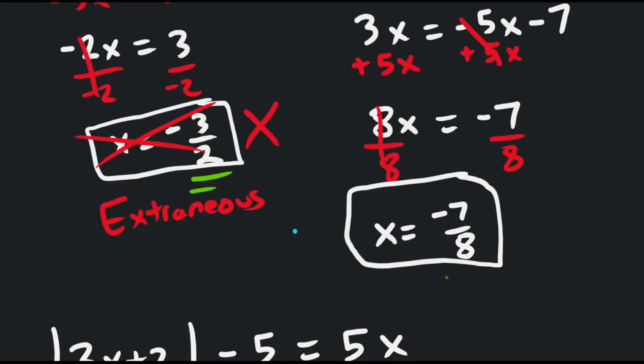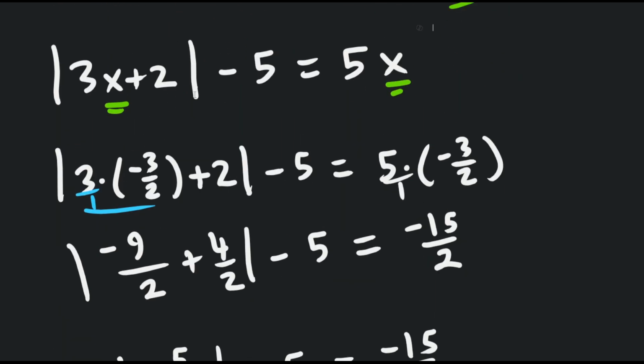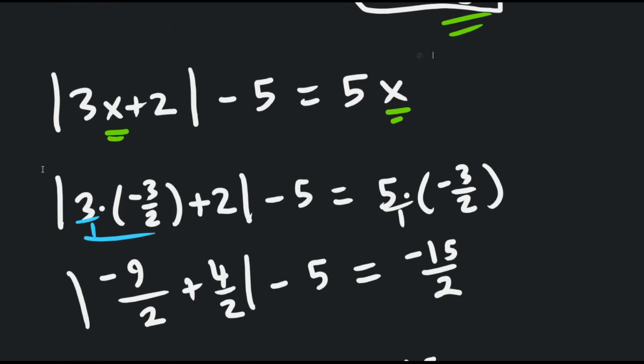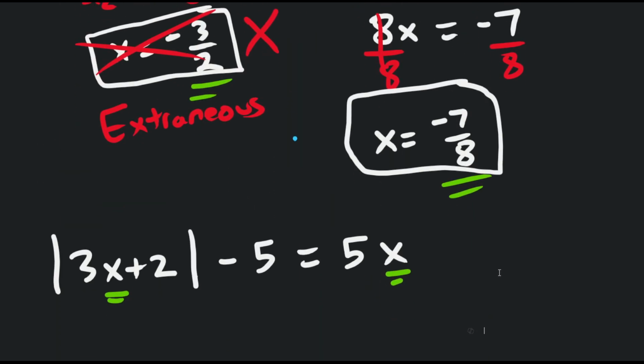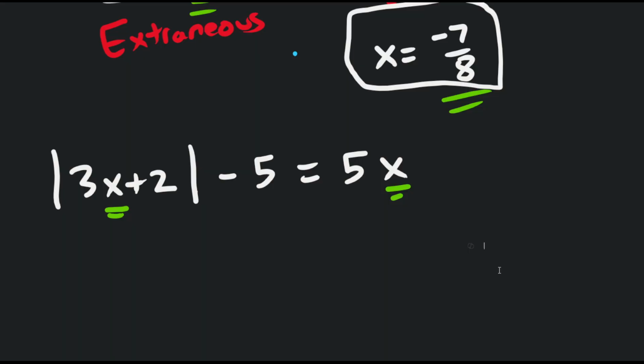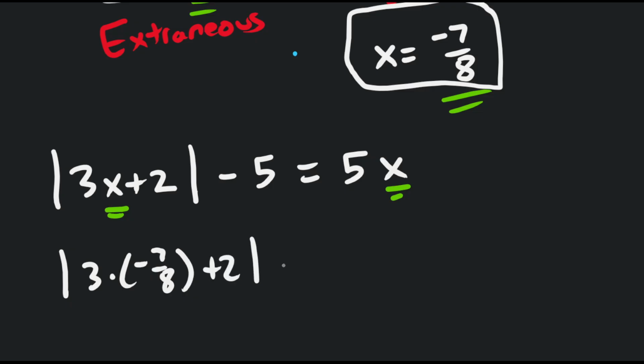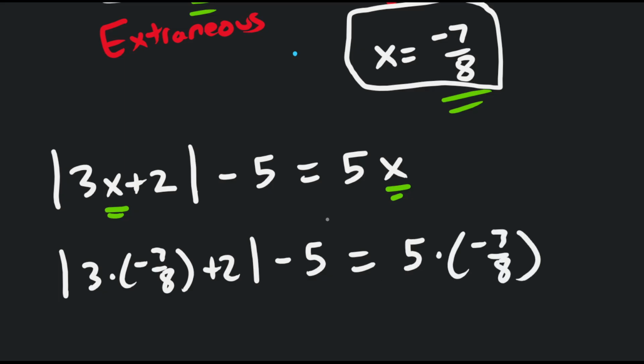And let's go ahead and test this one now, negative 7 over 8. So we'll do the same exact thing. Let's go ahead and just get rid of these. So let's go through it quickly. 3 times negative 7 over 8 plus 2 minus 5 equals 5 times negative 7 over 8.